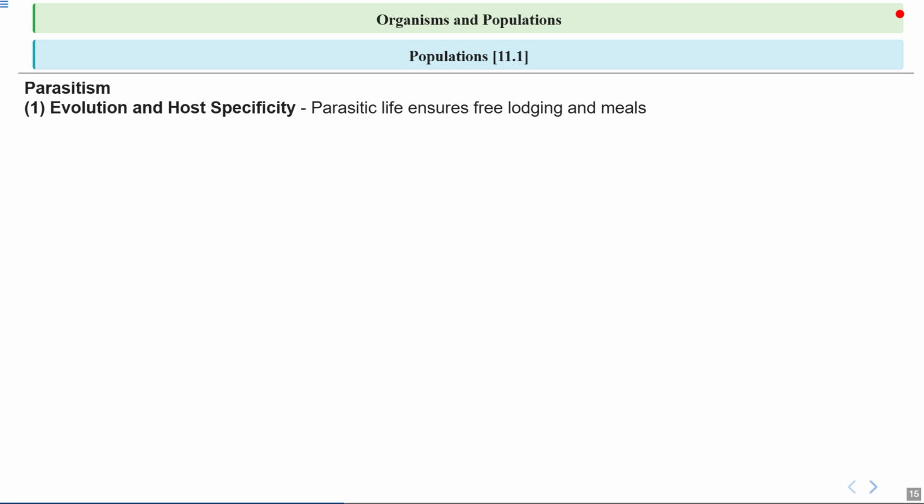This strategy has evolved because it gives the parasite a big advantage in survival, allowing it to focus its energy on reproduction rather than finding food or shelter. Parasitism isn't limited to just one group of organisms. It has evolved across a wide range of taxonomic groups, from plants to vertebrates.